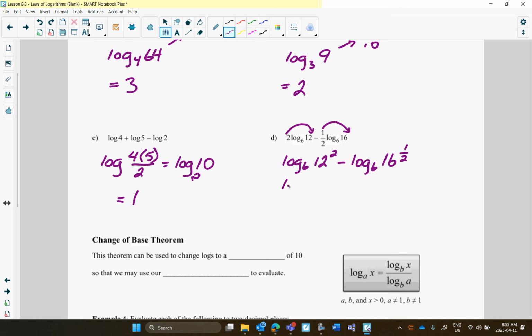Well, what is 12 squared? 144. What is 16 to the 1/2? Remember, this is the same as square root. So square root of 16 is 4.